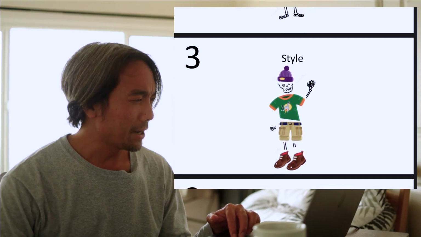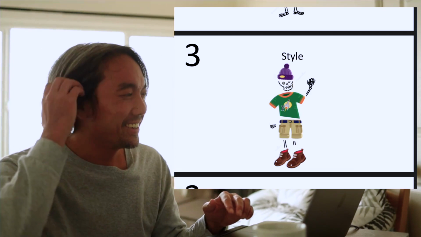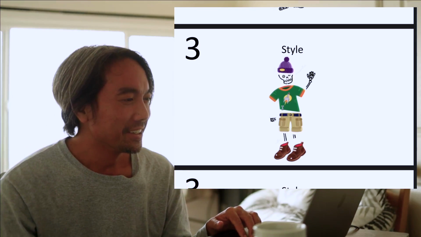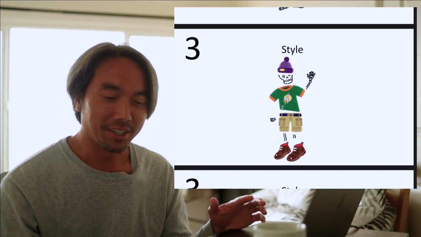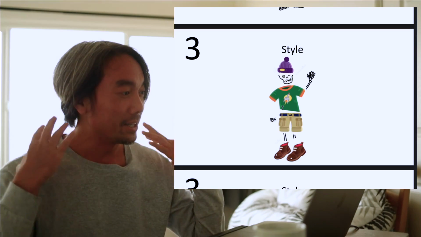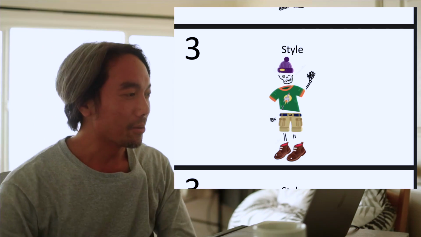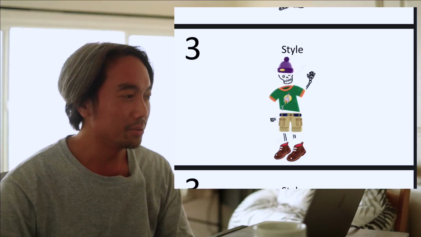And finally, once we have our skeleton and our guts are nicely organized, then we can begin to style ourselves with our hair or the shirt we're wearing, or our shoes.